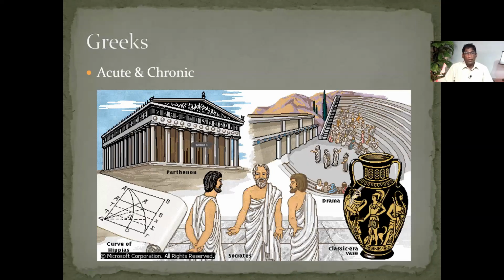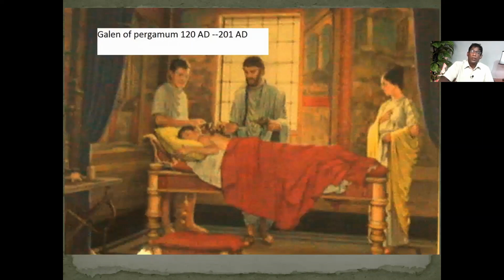The Greeks classified wounds into acute and chronic wounds. Galen was one of the surgeons who managed a lot of wounds in his day-to-day practice.